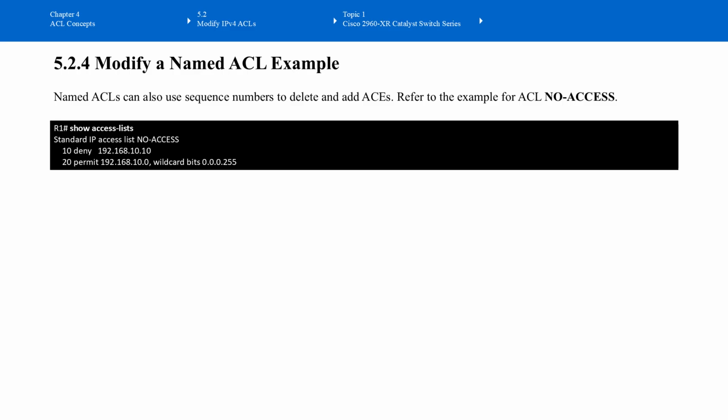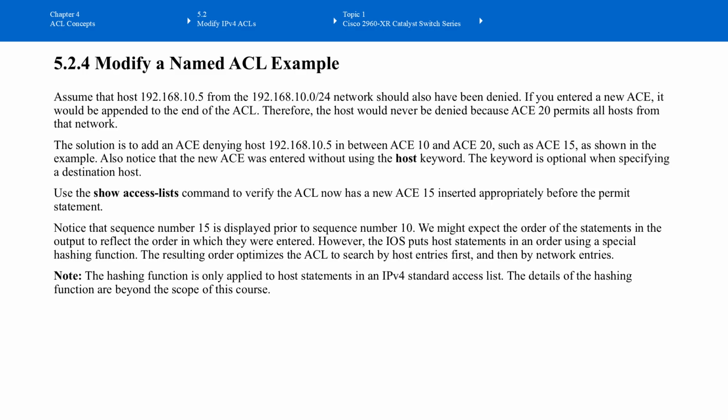We can see that the standard IP access list no-access has 10 deny 192.168.10.10, 20 permit 192.168.10.0 with the wildcard bits 0.0.0.255. We can use the show access-lists command to verify whether the ACL has been configured correctly or not.